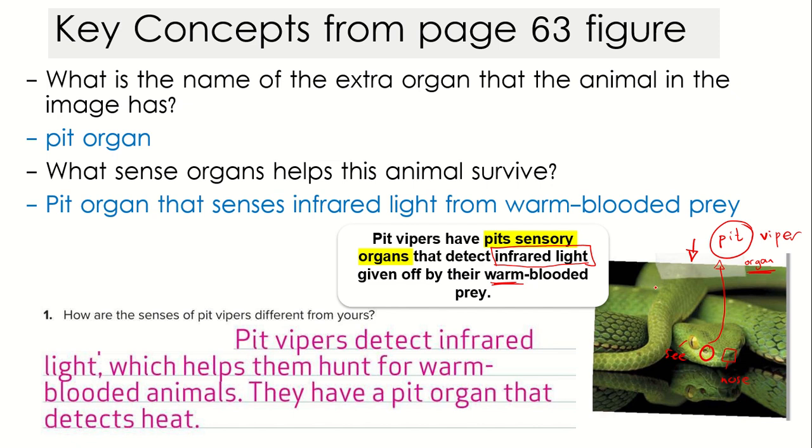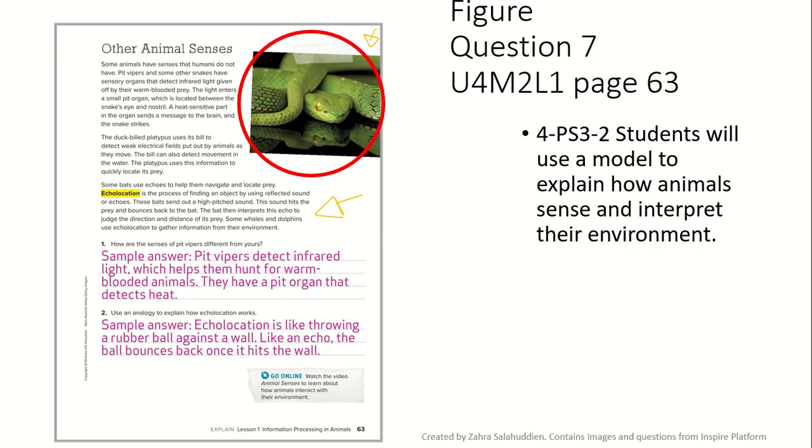The other animals with extra organs mentioned on this page are bats that use something called echolocation. Echolocation is when sound is reflected, so they use reflected sound to find their prey. So animals that use reflected sound are bats, dolphins, and whales.